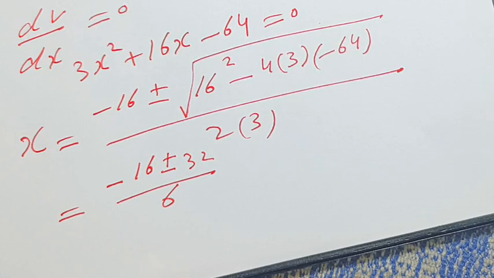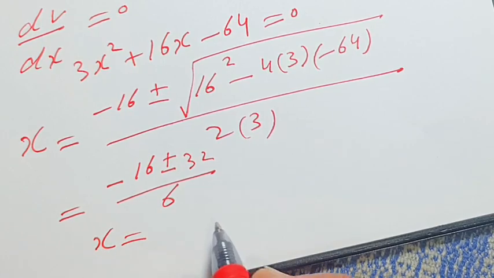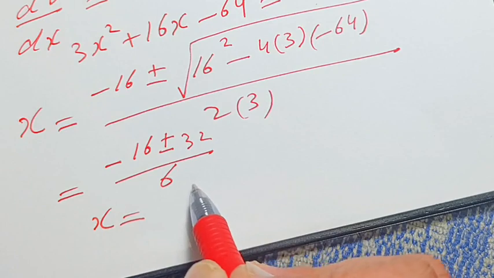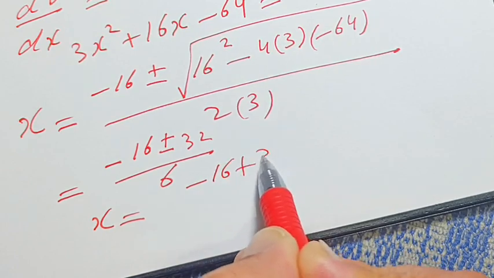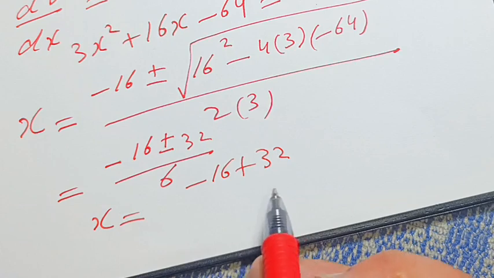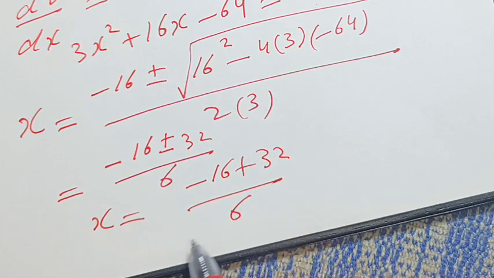x must be positive as it is a length, so we take the positive x value. So x is equal to negative 16 plus 32 over 6.